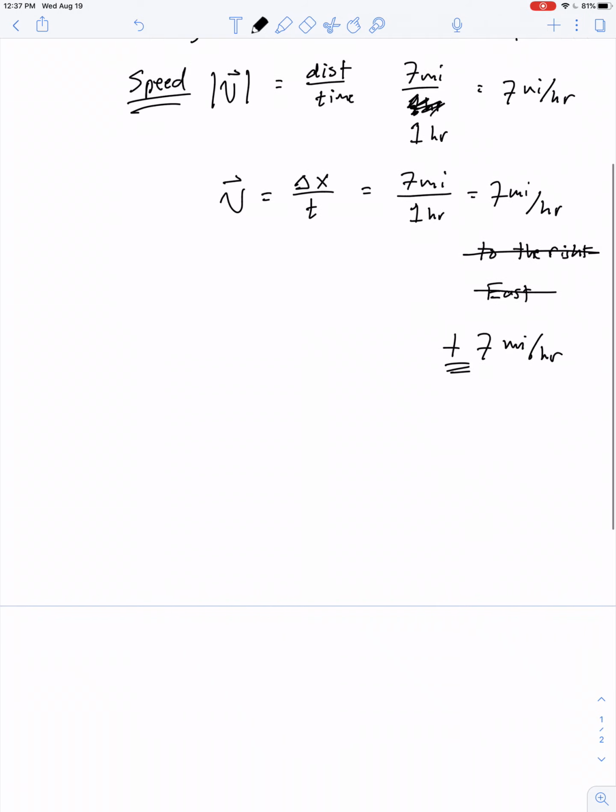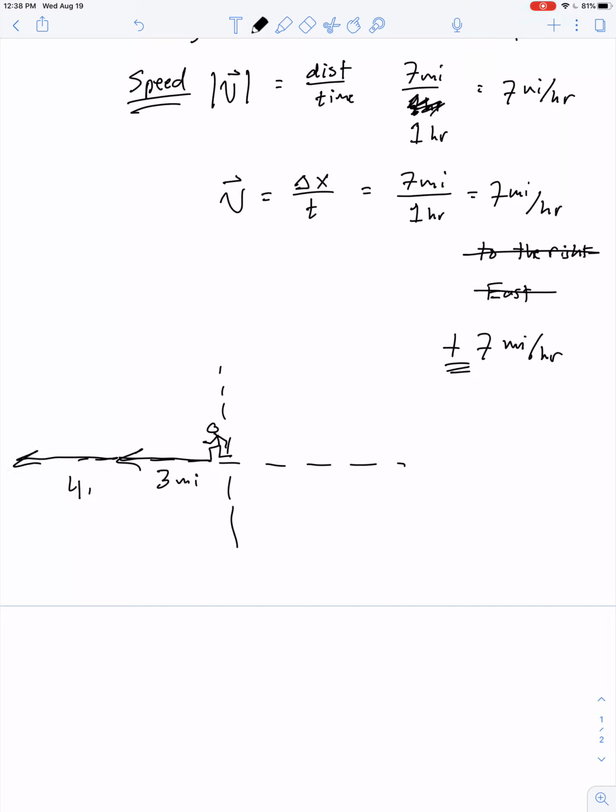Now, if this same person were to walk 3 miles and then 4 miles, but in the other direction. Now their speed, once again, is 7 miles per hour, if it takes 1 hour to make this journey.